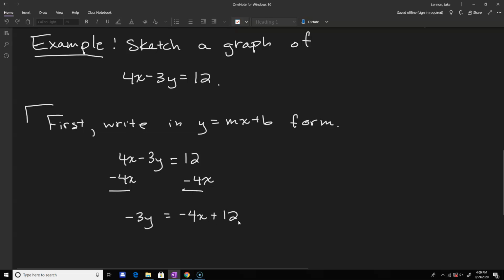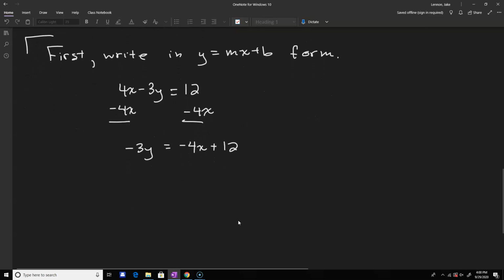And then to isolate y, all we want to do is divide both sides by negative 3. Now the left-hand side is y, and on the right-hand side, remember, negative 3 is a common denominator, so we can separate the terms over the common denominator.